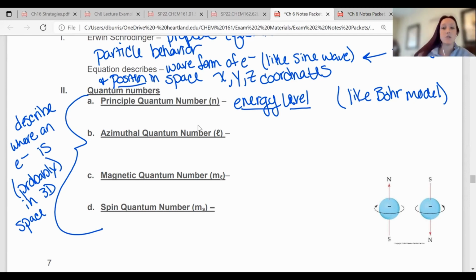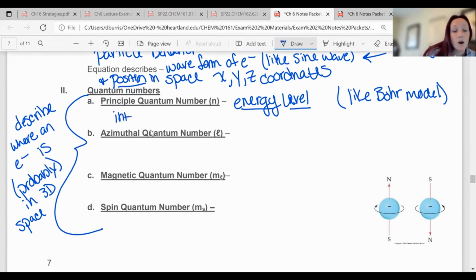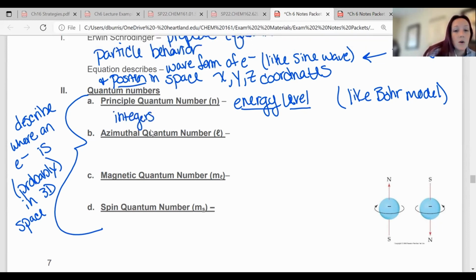Hypothetically, there could be an 8th energy level, but the laws of physics kind of fall apart when we get up there. So there's really only 1 through 7. They are all whole numbers, integers, 1 and up. Our periodic table only goes to 7, but we're going to talk about how to figure that out. So the principal quantum number tells you the energy level in which an electron is.